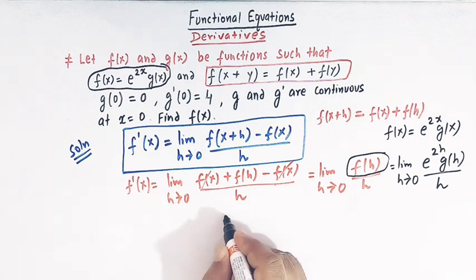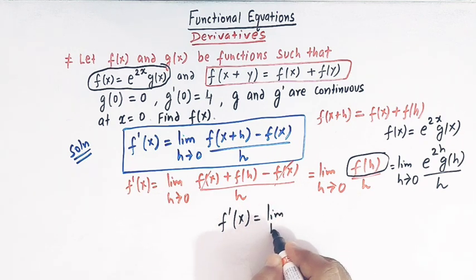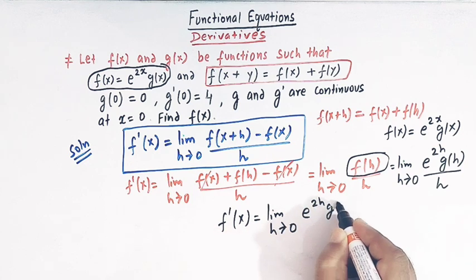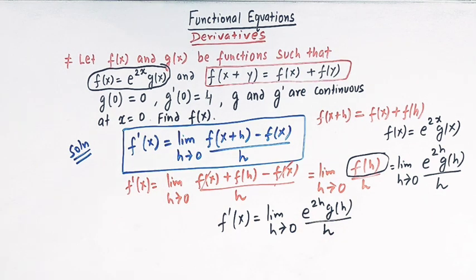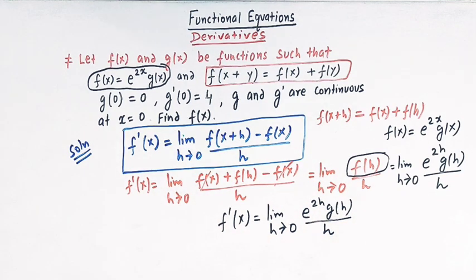So now f prime of x is equal to limit h tends to 0 of e raised to 2h times g of h divided by h, right? So now in order to calculate this limit, we'll take help of the L'Hopital's rule, right?